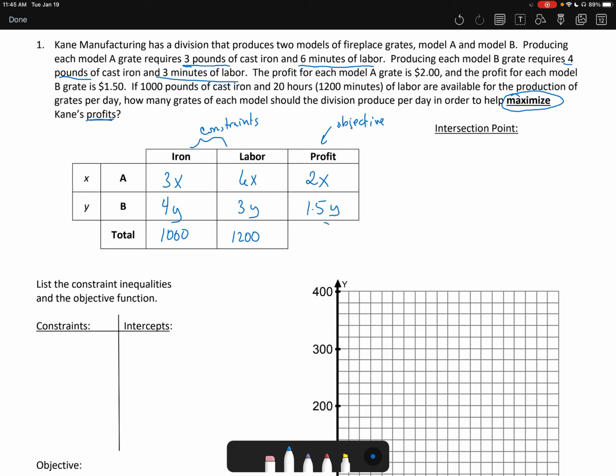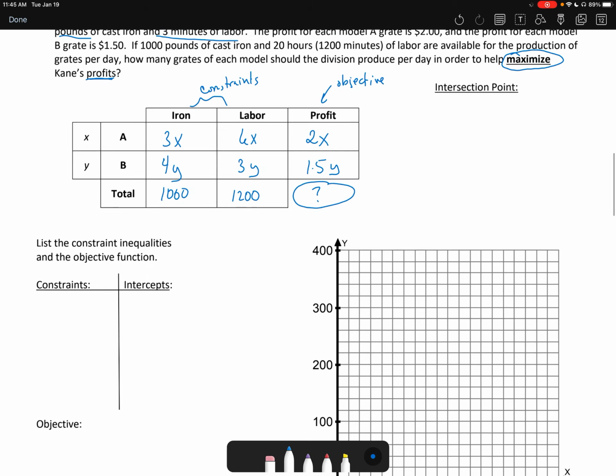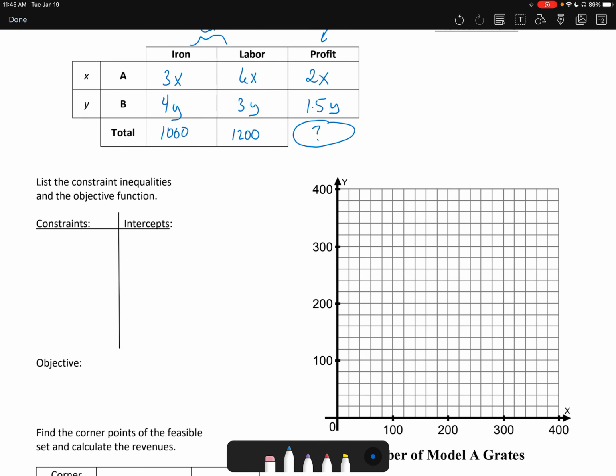And notice there is no total here, because we're trying to figure out what is the largest total that we could possibly come up with based on these constraints.